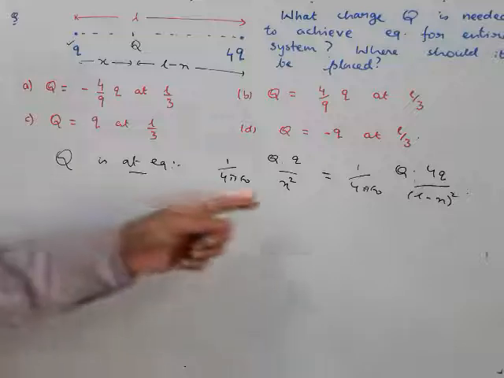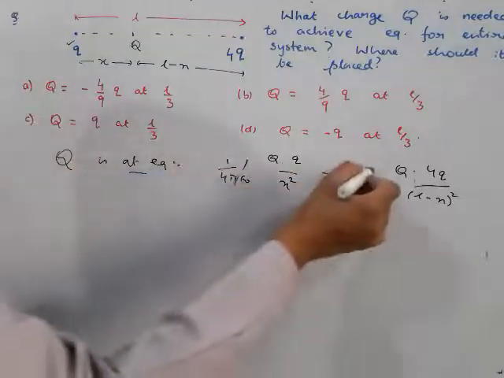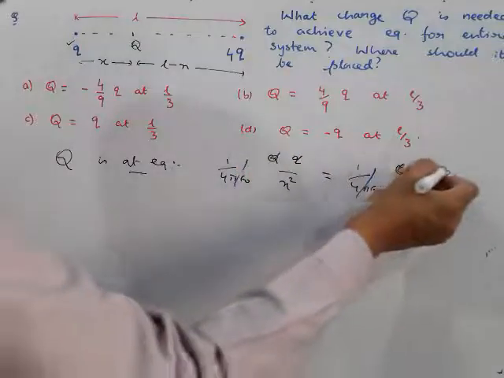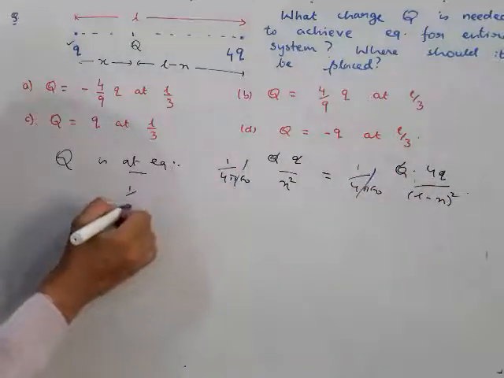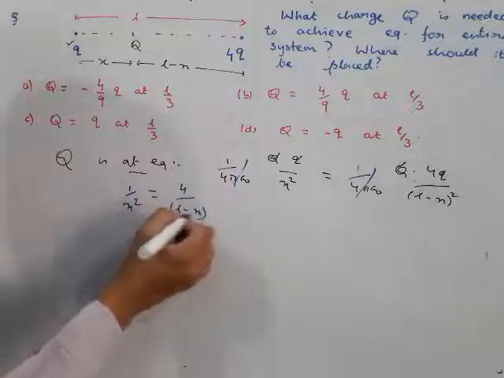Now this gives you a simple equation, students. 1 by 4 pi epsilon naught will cancel, Q will also cancel. So what is left behind is 1 upon x square is equal to 4 upon L minus x whole square.